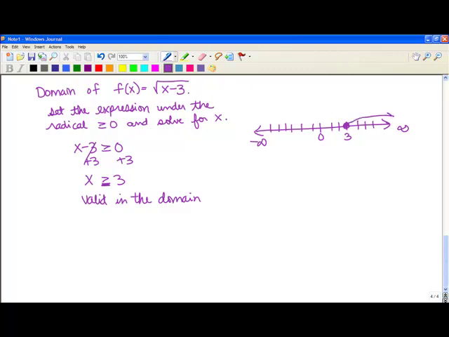And greater than 3 is over on the right. So these are the numbers that would be valid with this function, from 3 to infinity. Around 3, I'm going to use a bracket. A closed dot always needs a bracket in interval notation. Infinity always has a parenthesis around it.